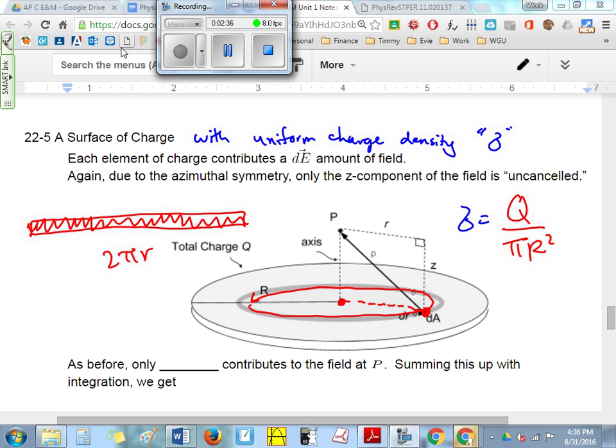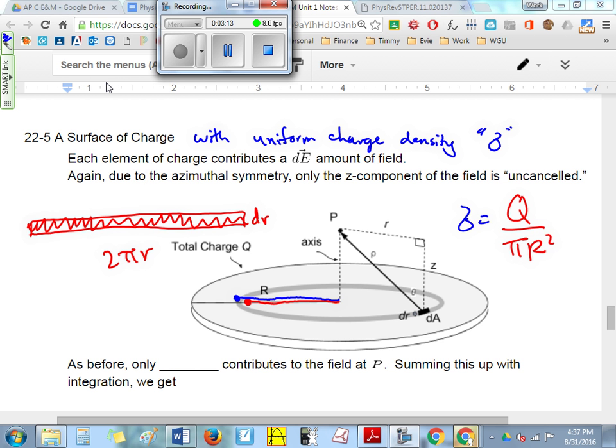Okay, so that would be the length of that rectangle, and then the thickness, the width of that rectangle, would be actually a small change in radius. You can see here, it's real hard to see, but right there I labeled dr, and that little charged ring has a thickness dr because it goes from r equals r, which is the inner radius, to r equals r plus a little.